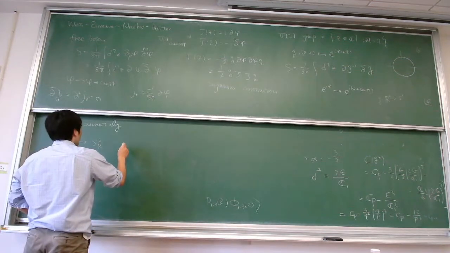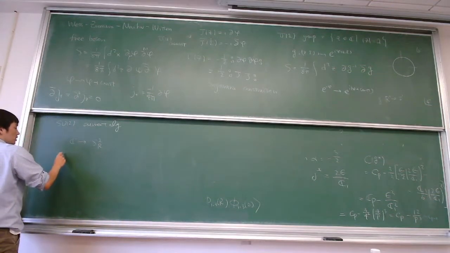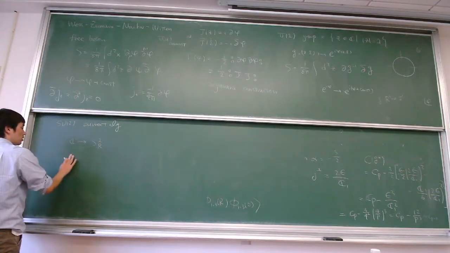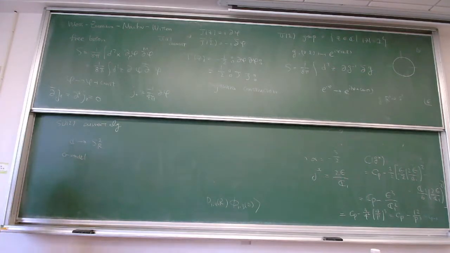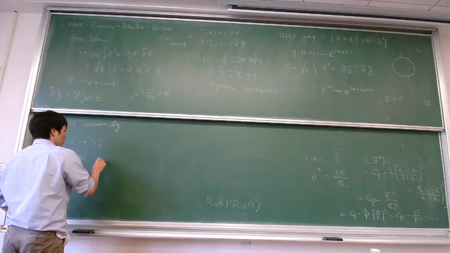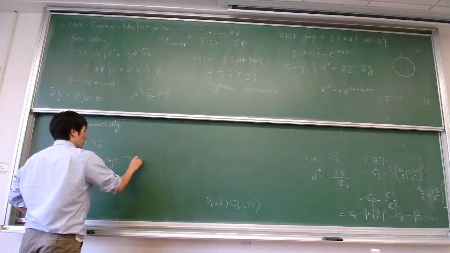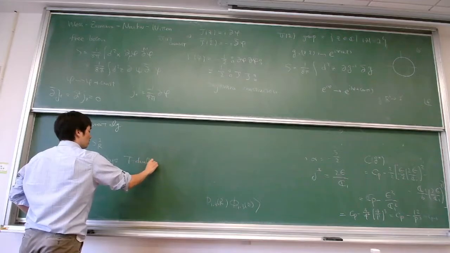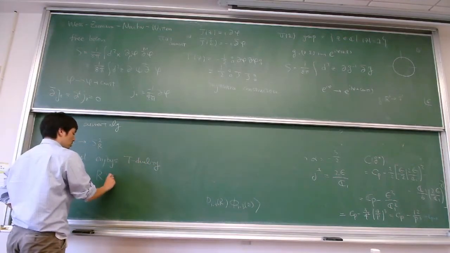Enjoy T duality. So this is the sigma model, and enjoy the T duality. So T duality is R goes to 2 over R.